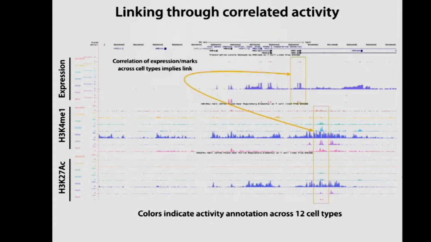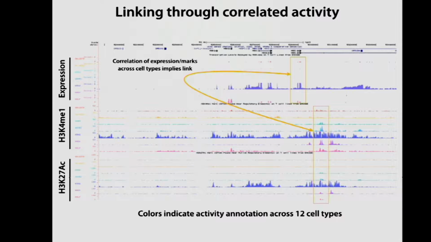In this cell type, you have expression. You also have fairly strong K4 monomethylation. You'll see you also have some K4 monomethylation in other cell types, but then here you have a fairly strong signal for K27 acetylation. And so perhaps these are poised in other cell types, but through looking at these correlations, you can make a link between the putative regulatory element that's sitting out here and this gene.